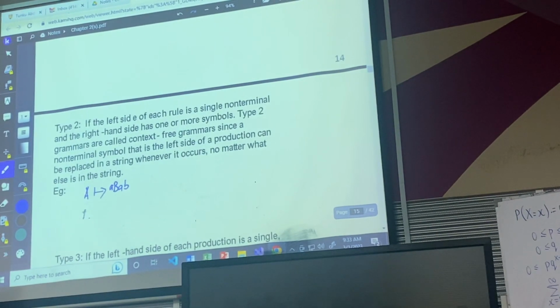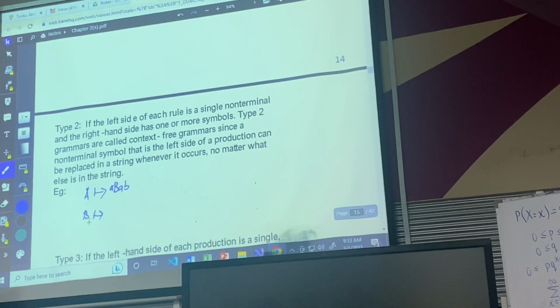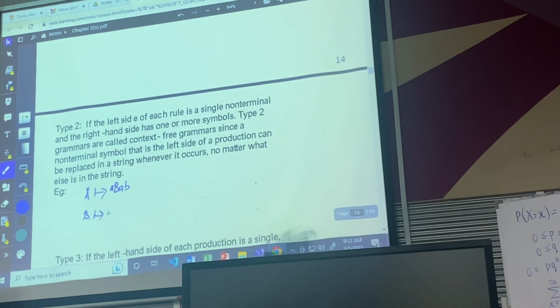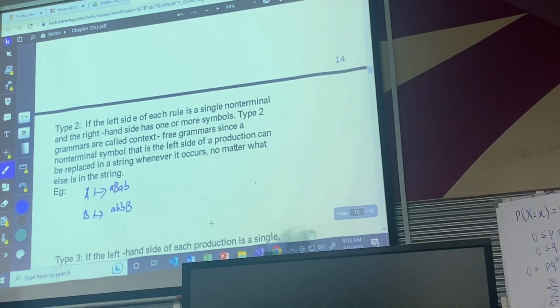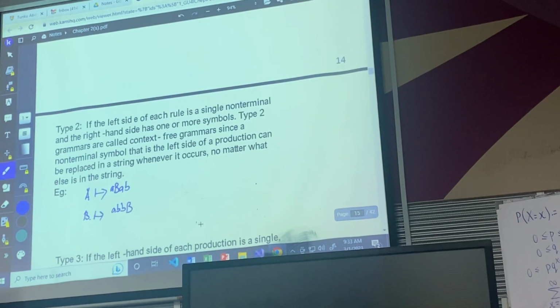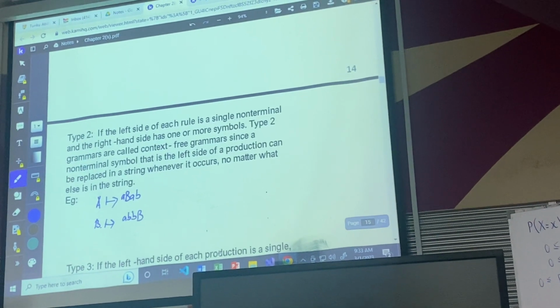Another example, you can put like this, B, a capital letter, non-terminal, and the right side you can replace it with A, B, B, B, and so on. Now, another one, type 3.